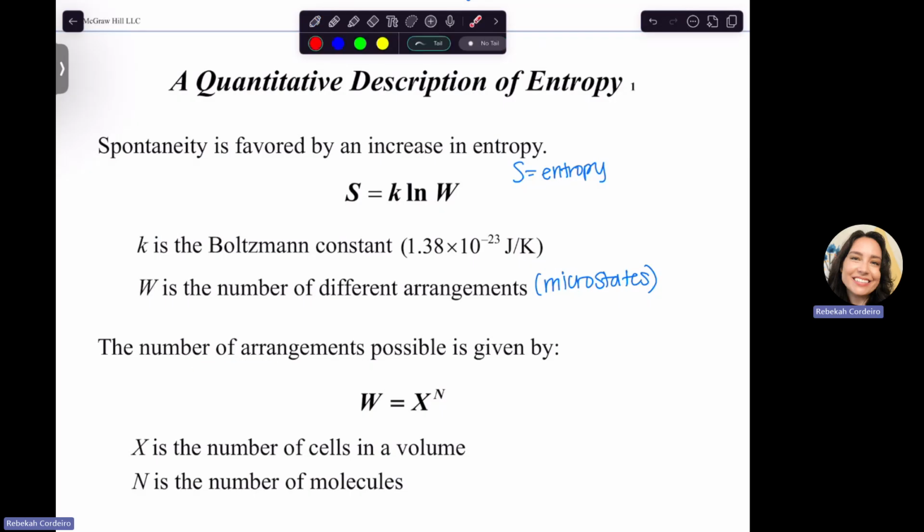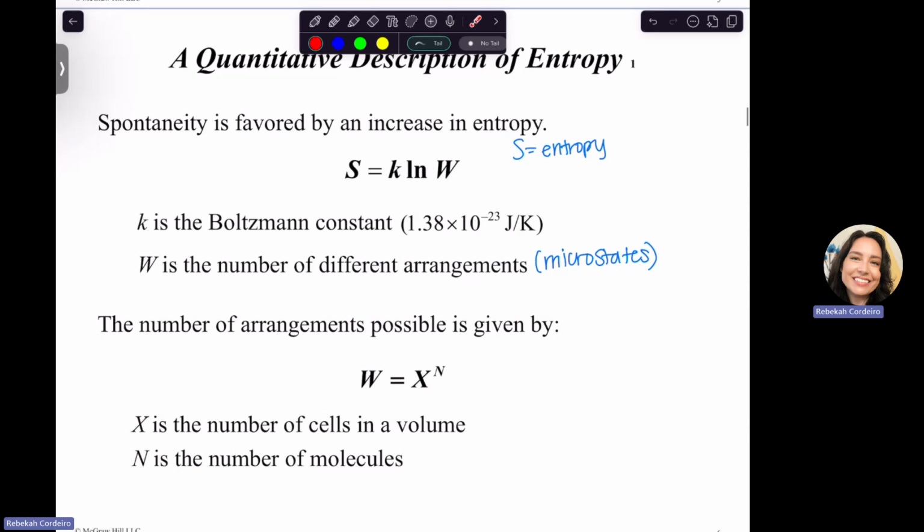The number of arrangements or microstates possible is given by W is equal to X raised to the N, where X is the number of cells in a space and N is the number of molecules. And we'll talk a little bit more about these. You don't really need to worry about doing math with that.